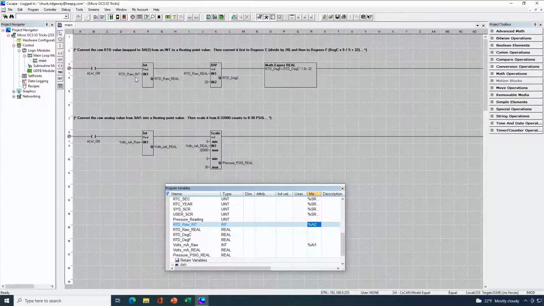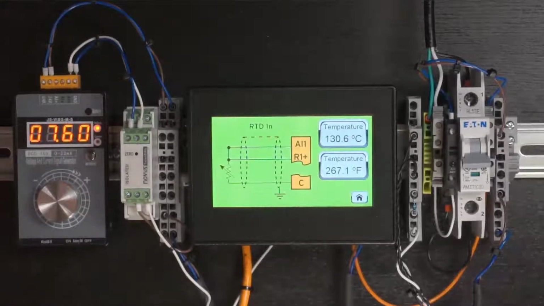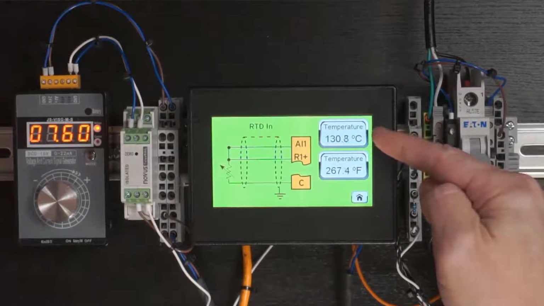I'm then converting it over to a real variable with a similar name, but with real at the end. Then I'm dividing the value from the analog input register, now in real format, by 20, and that gives me my value in degrees C, which you can see is displayed on the screen here.